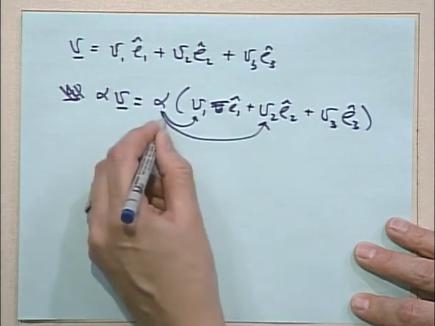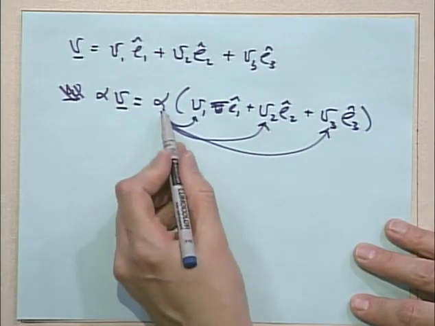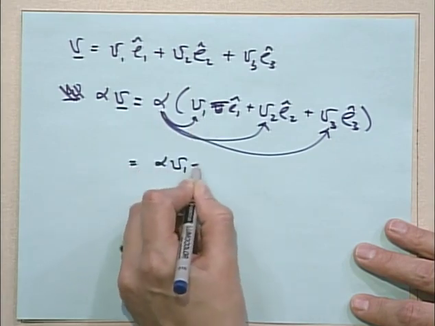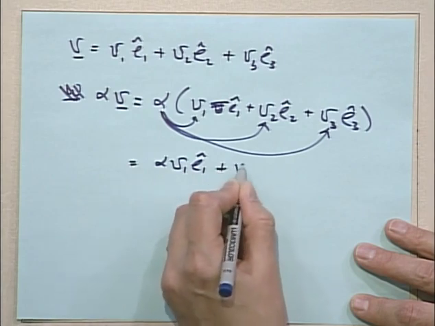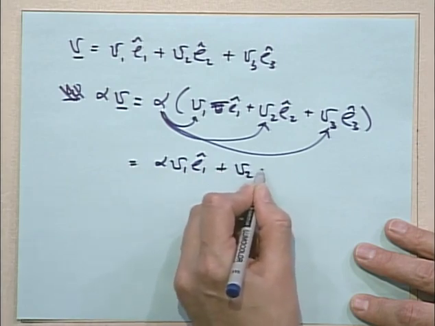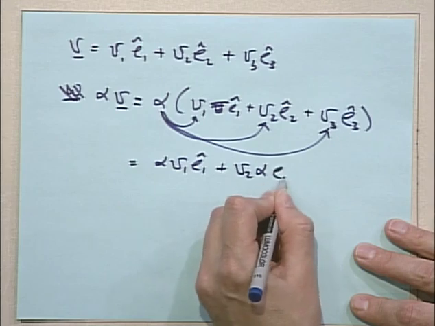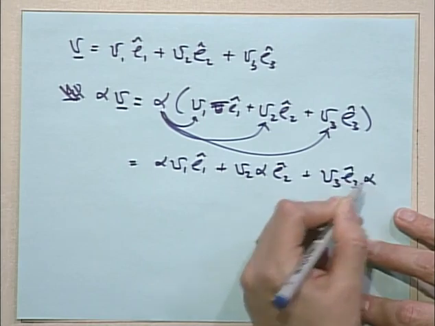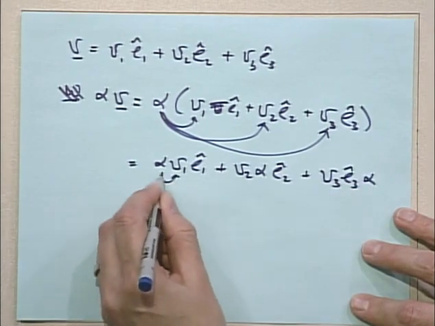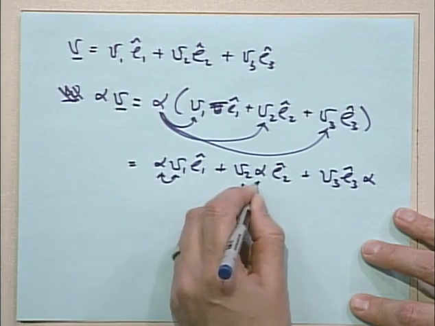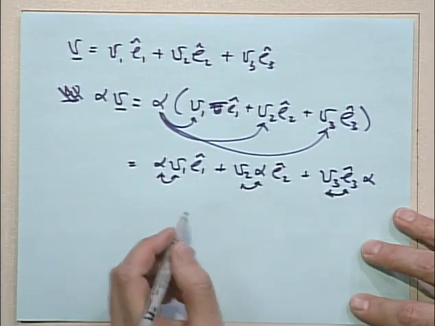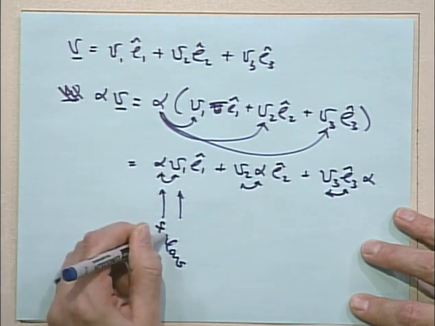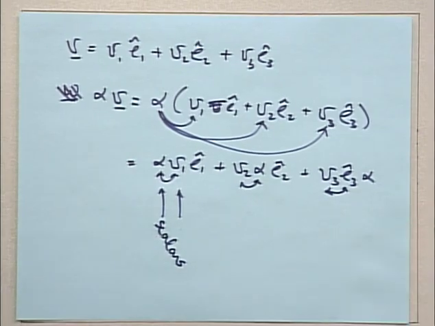So this distributes. And because scalar multiplication commutes, I can either write this as alpha v1, or I can write it as v1 alpha. I can move the alpha to a different position, or I can write the alpha at the end. It doesn't matter, because these are both scalars, and so they commute very nicely.